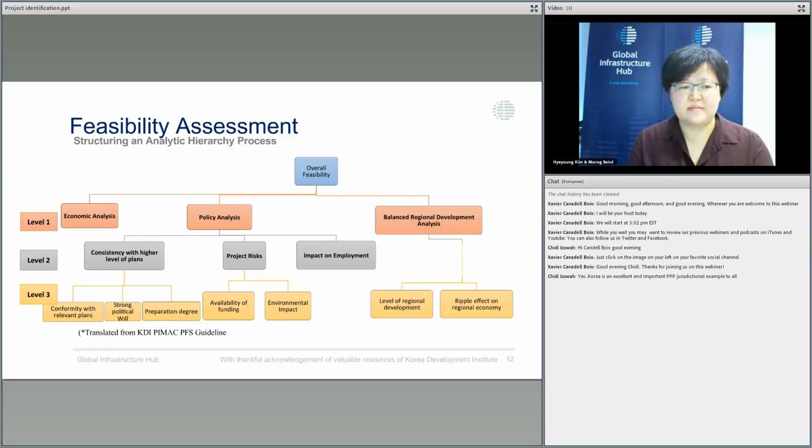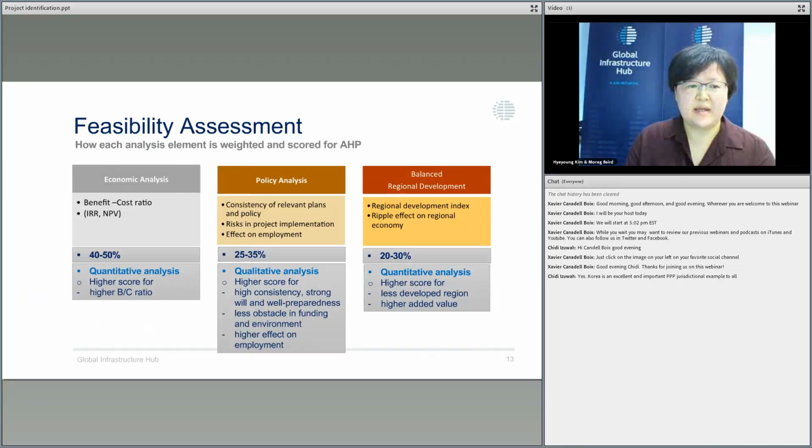Also in sub level 3, under the balanced regional development analysis, we put the level of regional development and ripple effect on the regional economy. To evaluate whether this project is feasible or not, the high level and sub level analysis elements are structured by AHP. And each analysis element is weighted and scored.